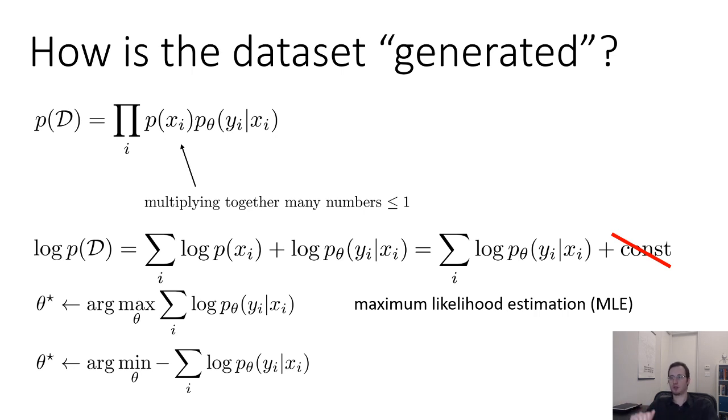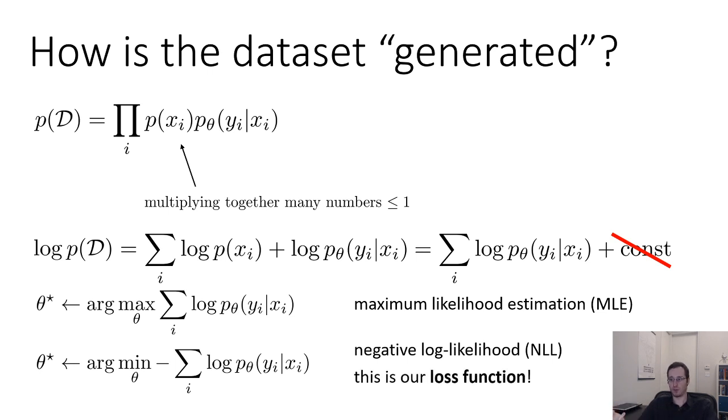So because of that convention, we have this slightly weird notion of the negative log likelihood, or NLL. If someone says, I'm optimizing the negative log likelihood, they're not trying to put a double negative in there, they're just using the convention that optimization algorithms tend to minimize the objective. So the objective is something that we minimize, and if you want to maximize the log probability, that means you want to minimize the negative log probability. So this is our loss function. Our loss function is going to be negative log likelihood.